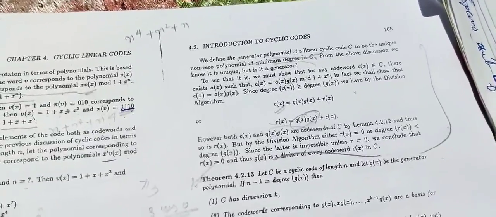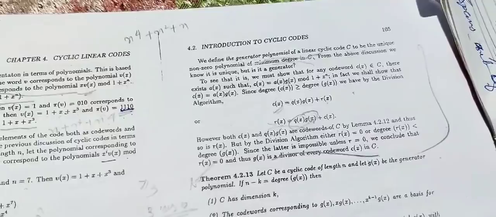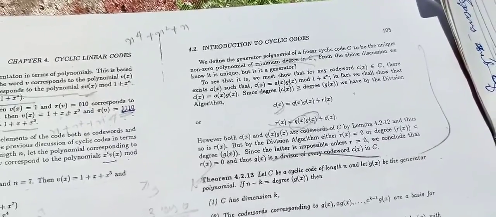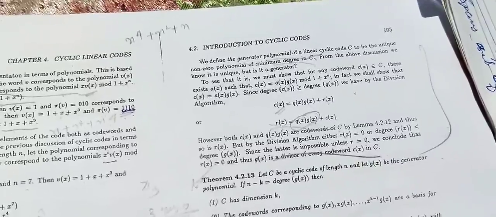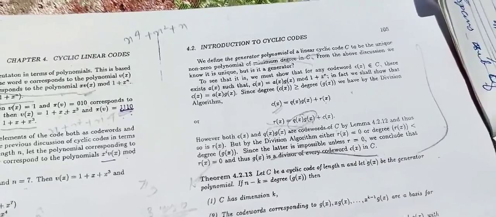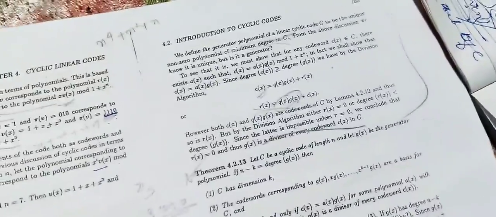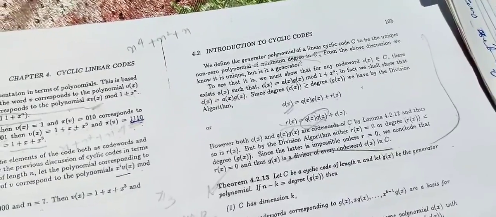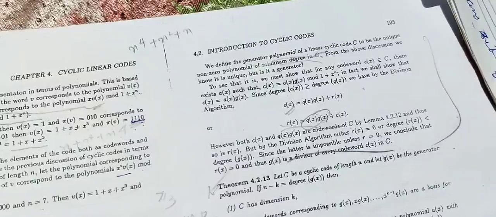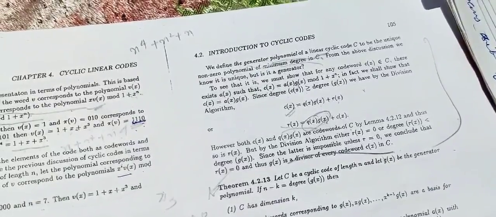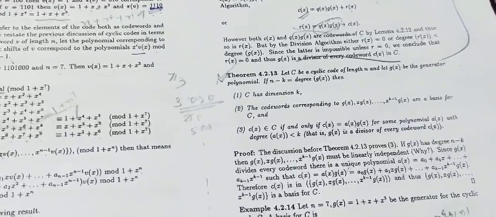The minimum polynomial is the generating polynomial, and it is the divisor of each code word in C. So this is this one.